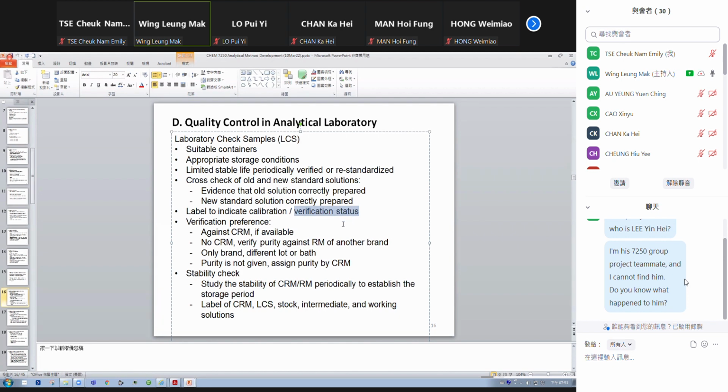Verification before preference, you can account with the CRM. CRM is the certified reference material, the chemicals or the matrix containing analyte material you purchase. You check it out because the CRM results are internationally agreed, because the production of the CRM should be highly sophisticated.